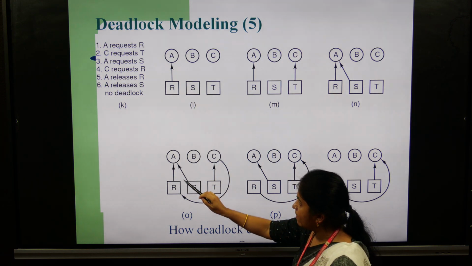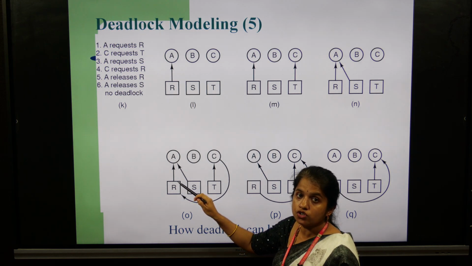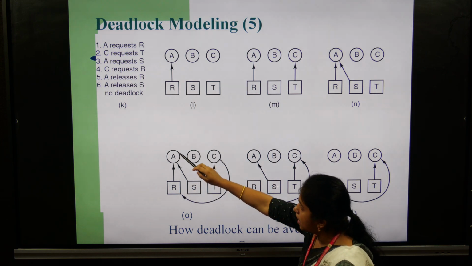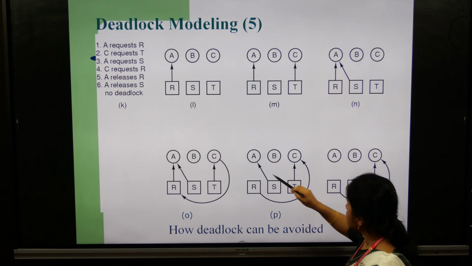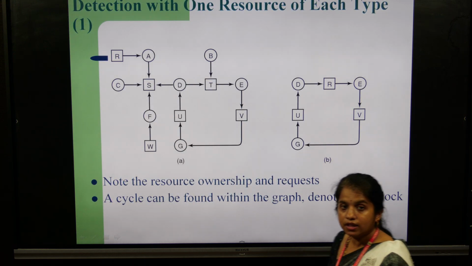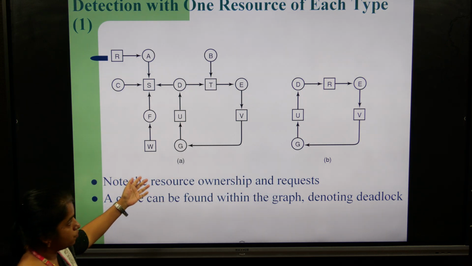When this resource is available, process C can use resource R. In the same way, A can release R and it is available to C. This is using this, and this is releasing that and using the same resource.